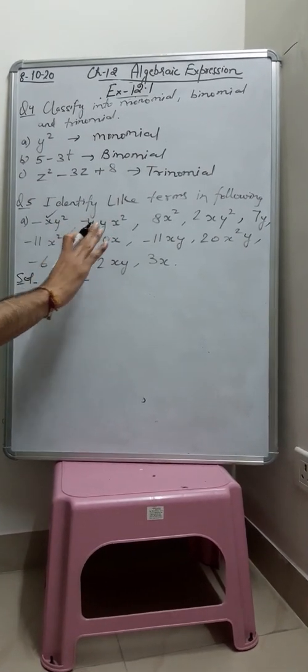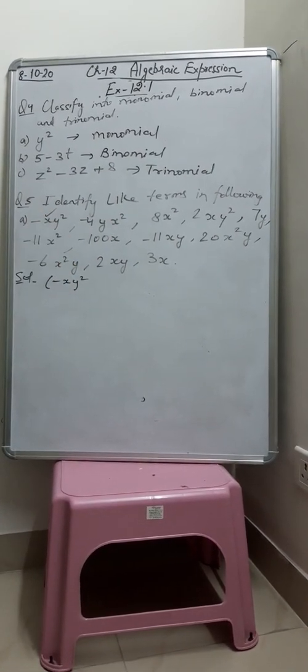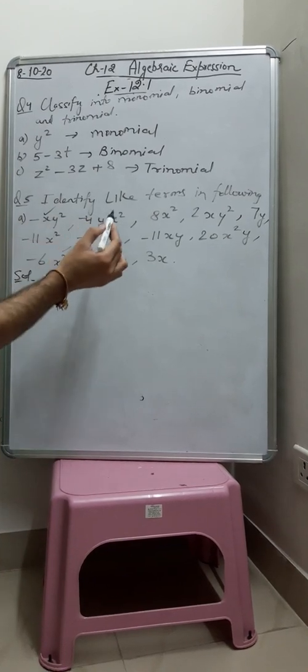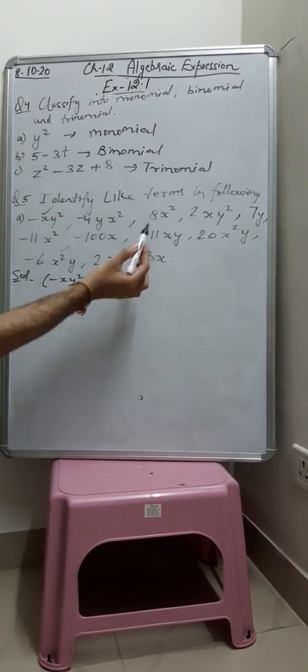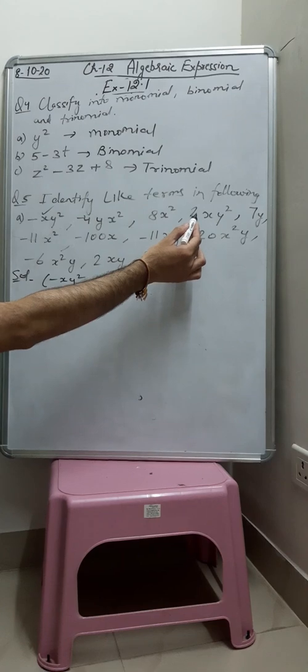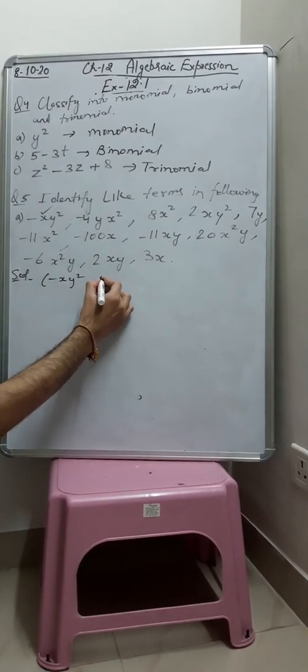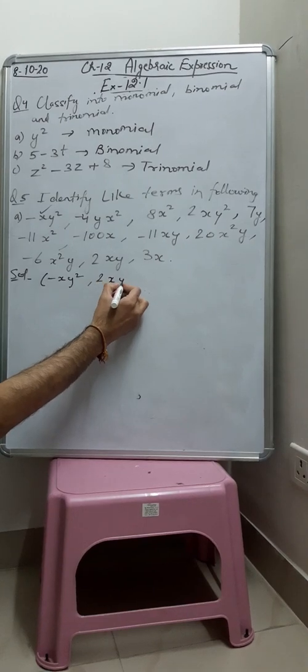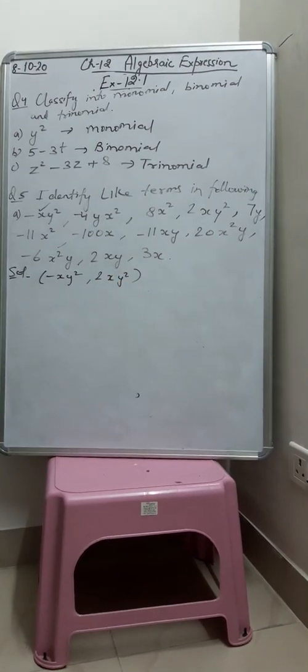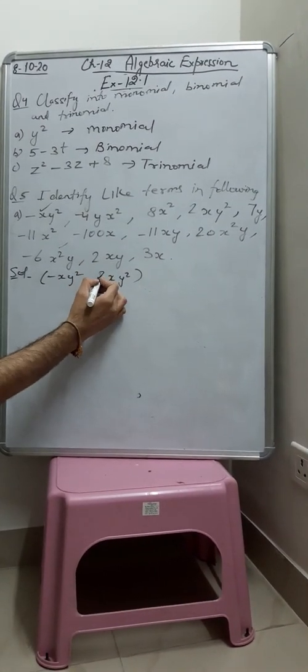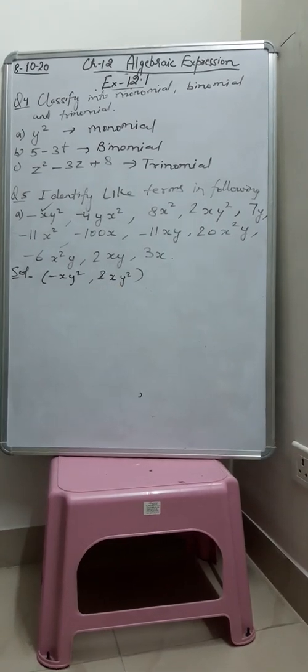No, this is not a like term. Next, we are going to take xy square, that means the like term will be 2xy square. So these two will be your like terms. This is your first pair.